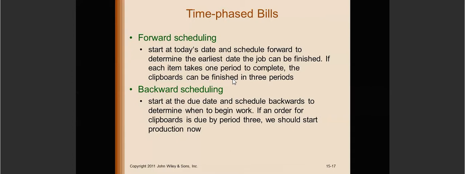But for backward scheduling, we assume we start at the due date and schedule backward to determine when to begin work. So backward scheduling provides information on the latest time the production process can begin.